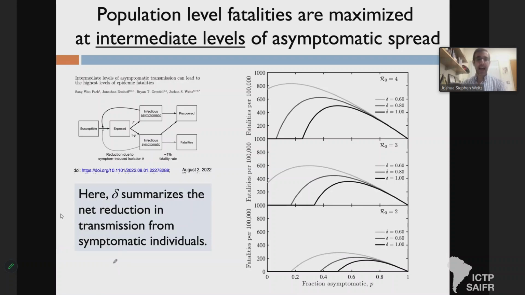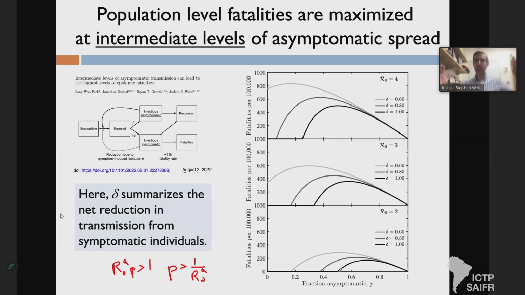If I have R naught A times P, this must be greater than 1 for the disease to take off, which means P must be greater than 1 over R naught A. This is why all these black lines start at 1 over the R naught value.